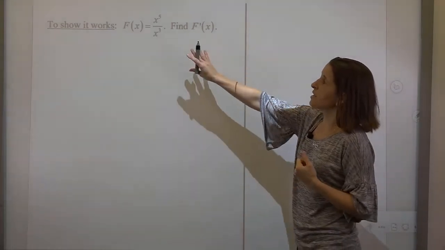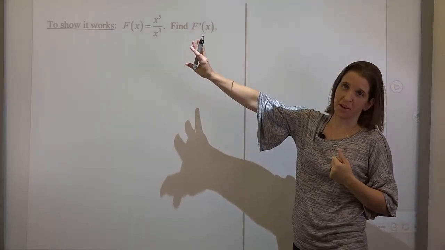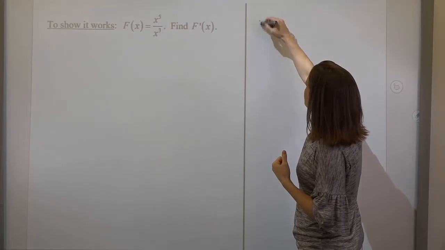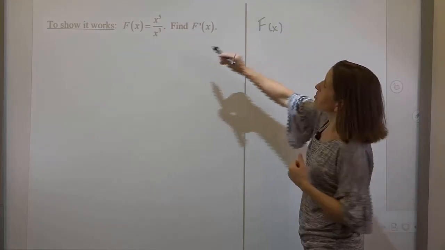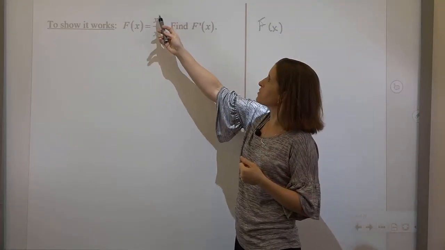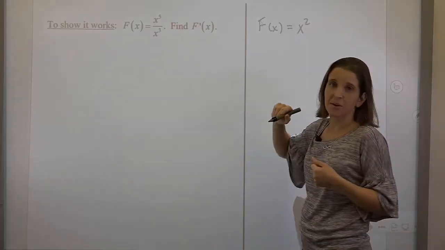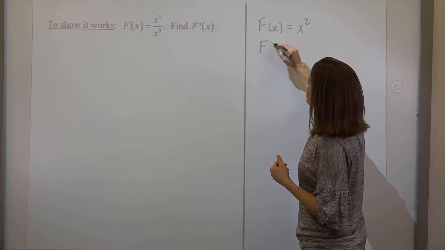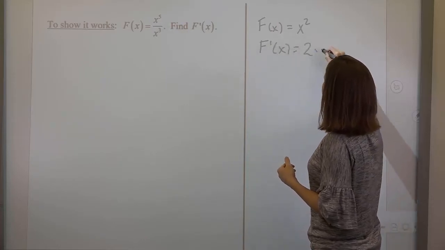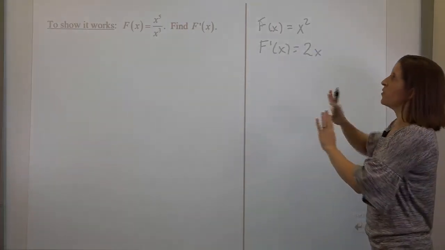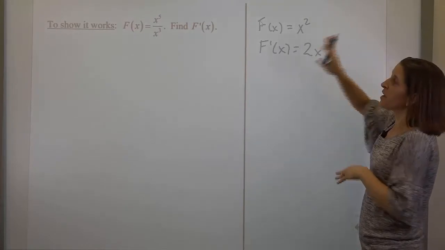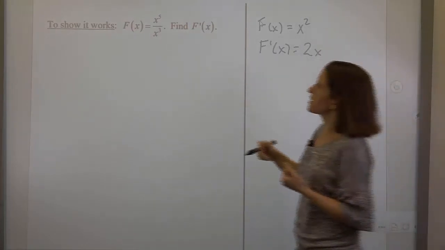Again, I have chosen something that you would never use the quotient rule on because it's too simple. Instead, you would just simplify, and as I just mentioned, rules of exponents, we would subtract our exponents, and my original function is just x squared, and so we know its derivative from the power rule is 2x. So that's really what you would do if you saw this, but I want something where we know the answer and we can check it.